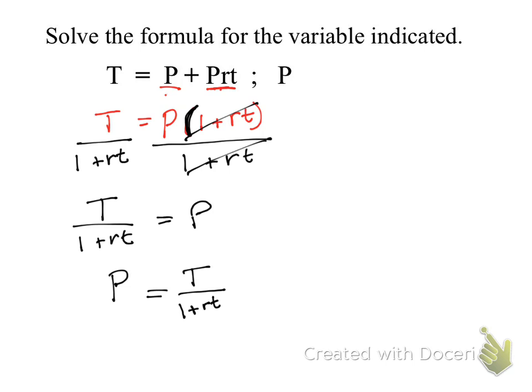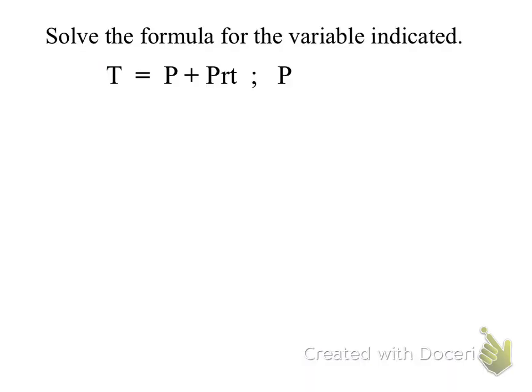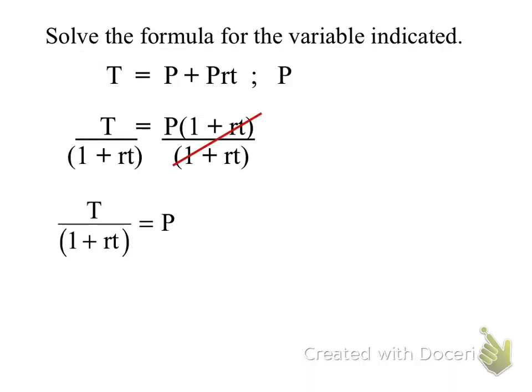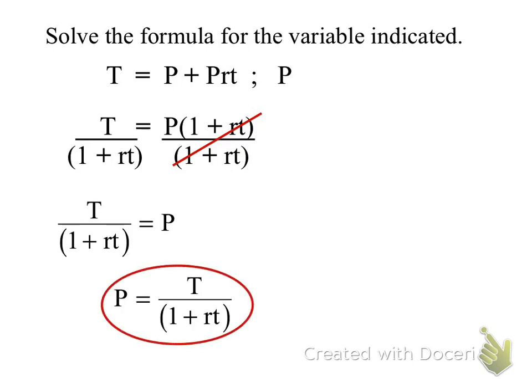Does anybody know what this formula was for? Okay, this formula is an interest formula, it's money. This is the total equal to the principal plus principal times rate times time. That's interest.